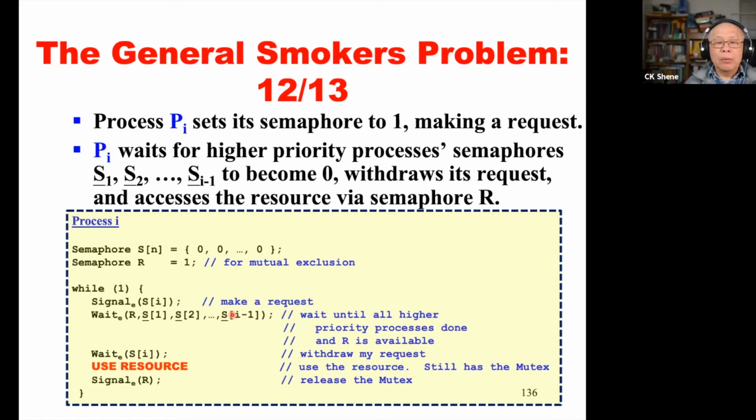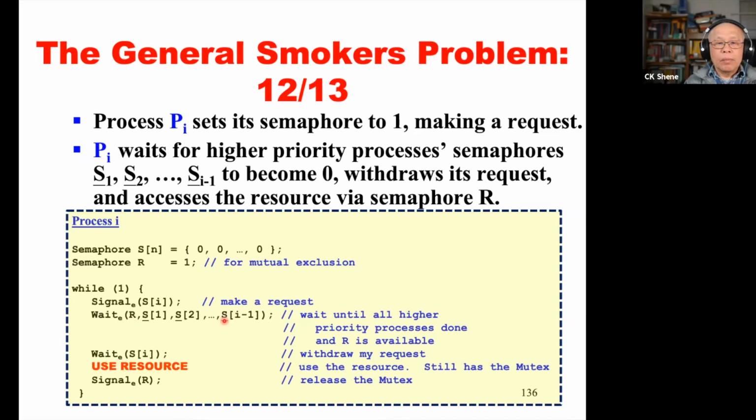After making a request, process I must wait for the resource to become available. So process I calls wait E with one single semaphore R in the S set. All semaphores S1, S2 to Si minus 1 would be in the T set.